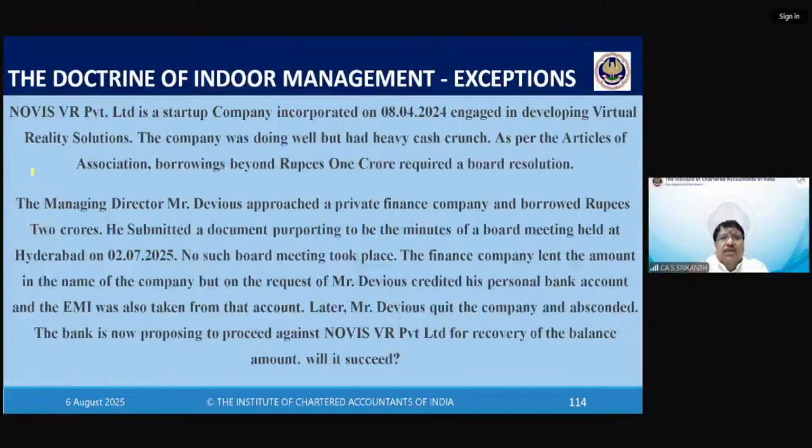The managing director, Mr. DVS, approached a private finance company and borrowed 2 crores. He submitted a document purporting to be the minutes of a board meeting. The moment you see purporting, it means that we don't know the reality. He is saying it was held at Hyderabad on 2/7/2025. No such board meeting took place. The reality is that the board meeting did not take place.